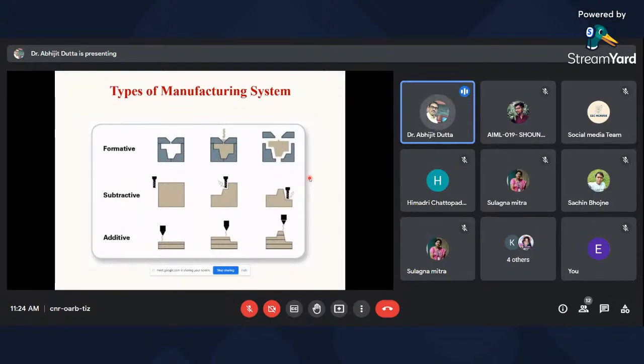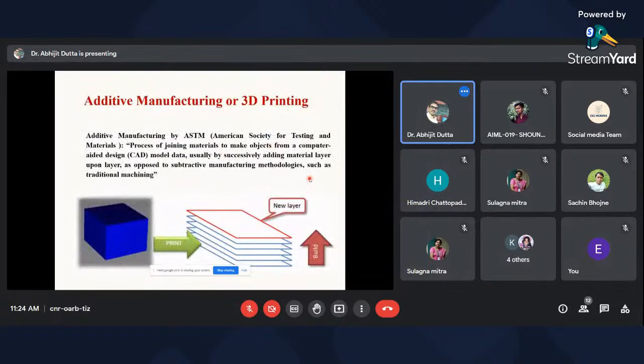Now comes the additive manufacturing system. Here layer by layer deposition takes place, and finally we get the desired shape, as you can see in the figure. So 3D printing is a kind of additive manufacturing process that we will now discuss. Now here you can see a CAD model.